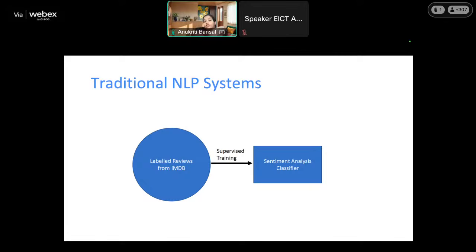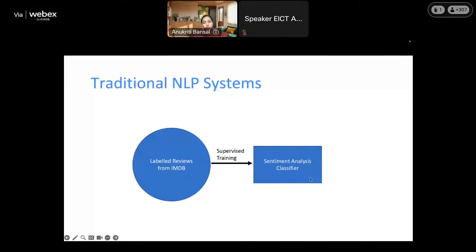That means for each review, you know whether it's a positive review or a negative review. Consider it as a 2-class problem. And once you have that labeled data, you can apply any supervised method, and the model will be able to learn for this particular sentiment analysis task.